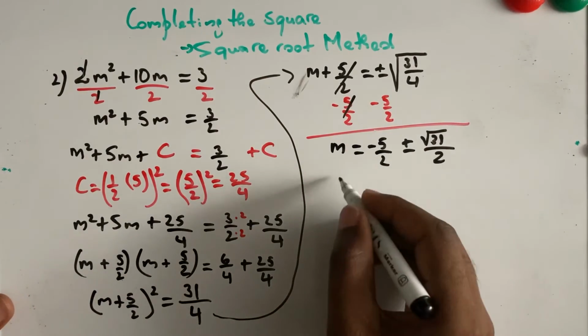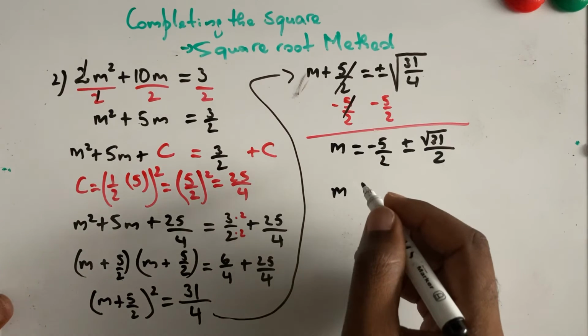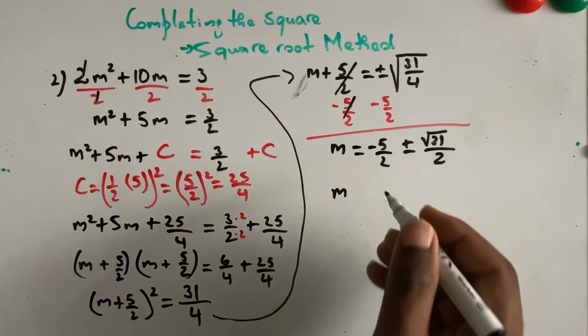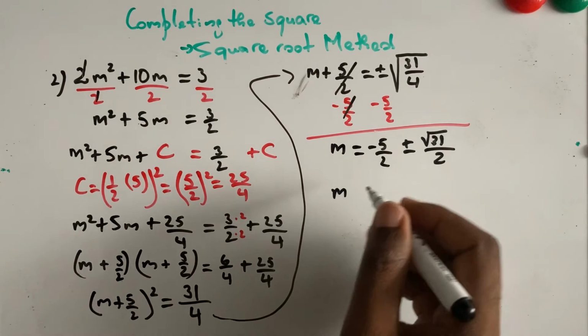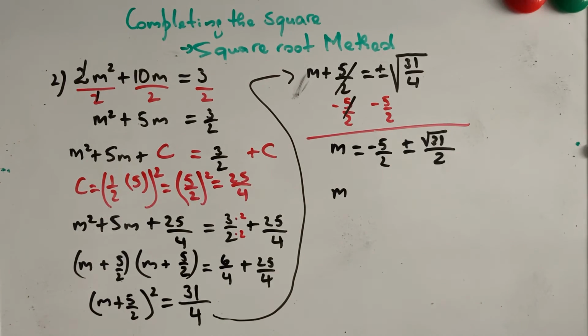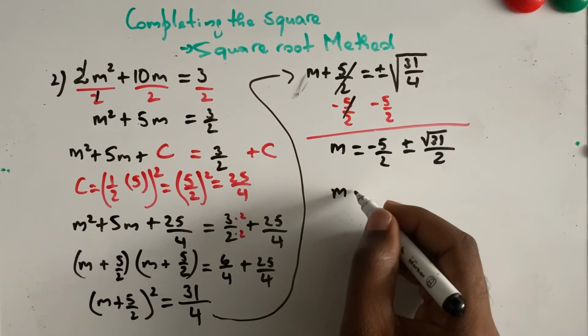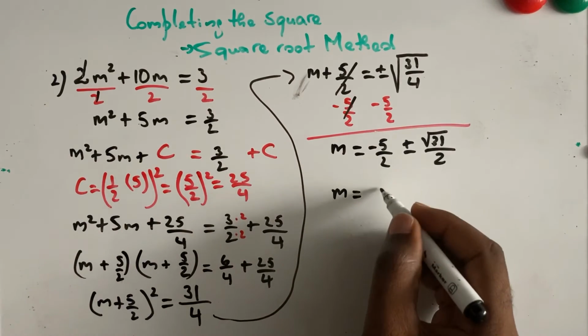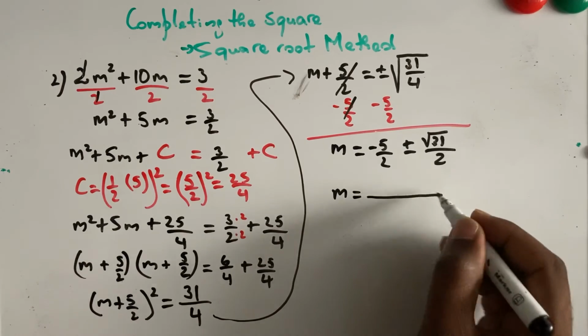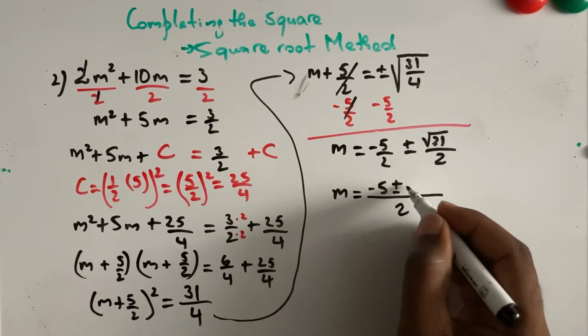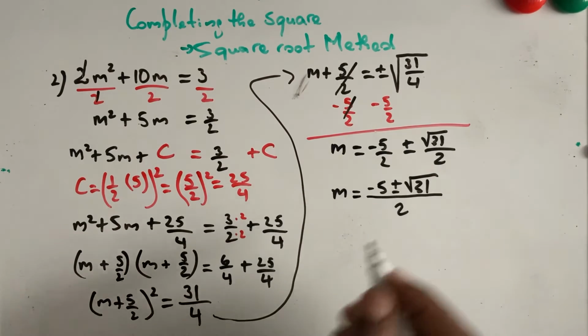So same denominator, I can just say that m is, let me see if I missed anything here. Don't think I missed anything. All right, so this will then be m equals negative 5 plus or minus the square root of 31 over 2.